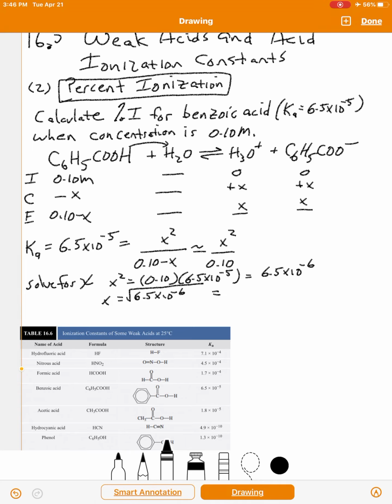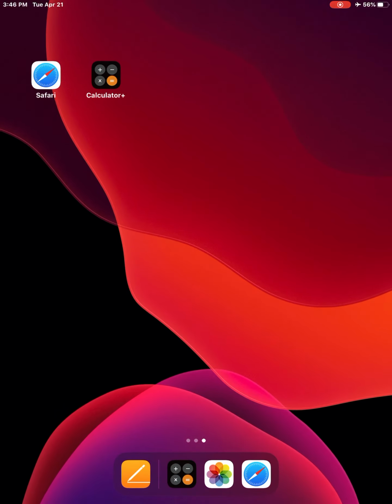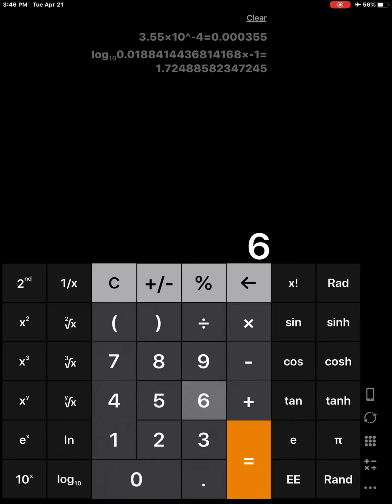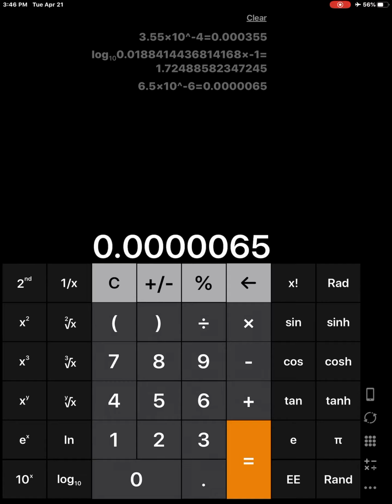Square root of 6.5 times 10 to the minus 6. Okay, there we go. 2.55 times 10 to the minus 3.